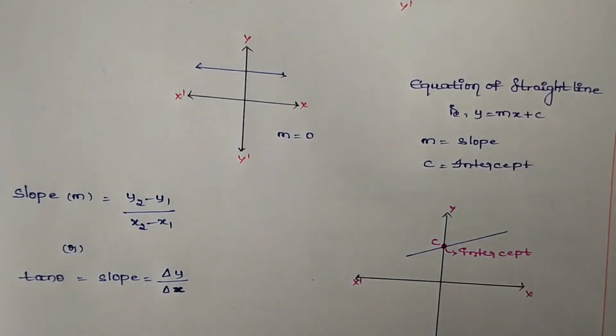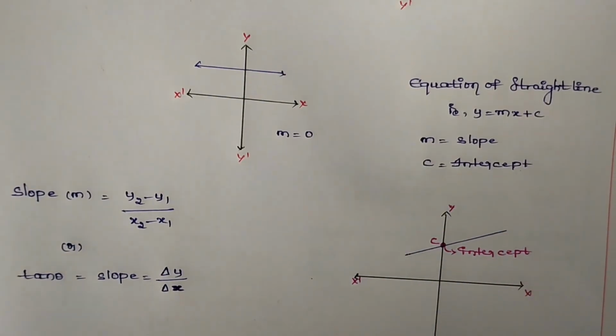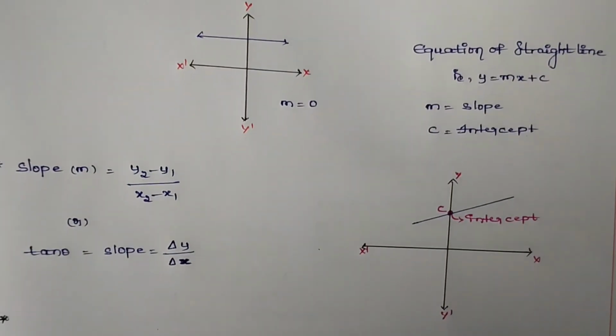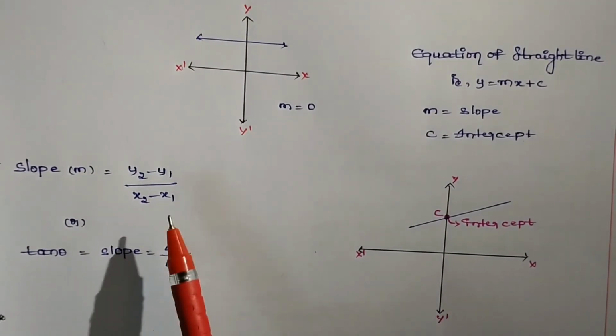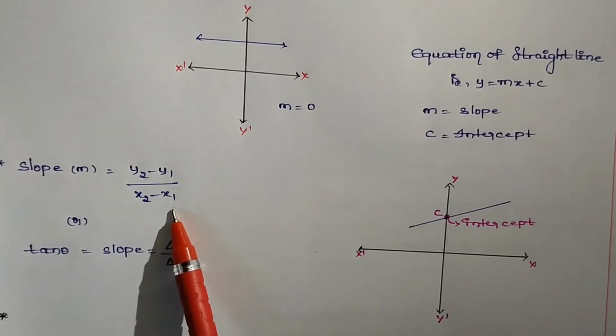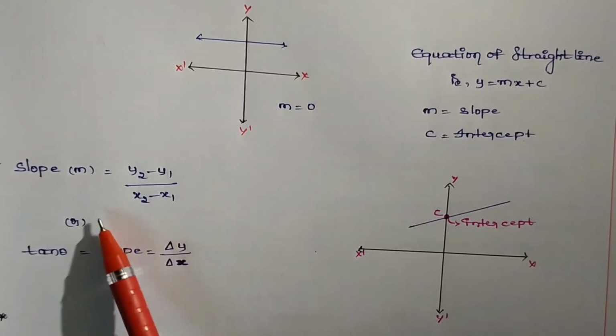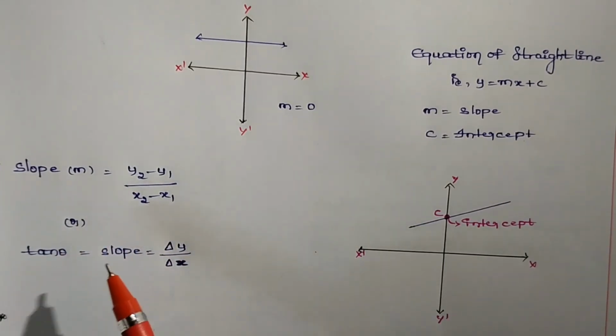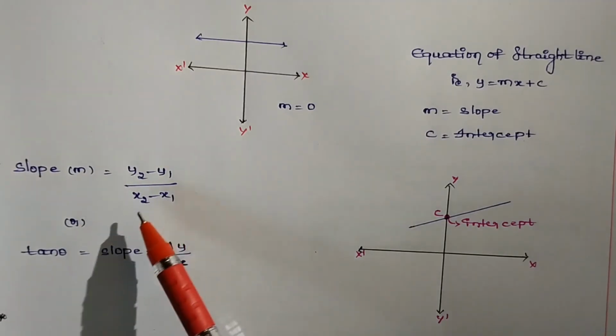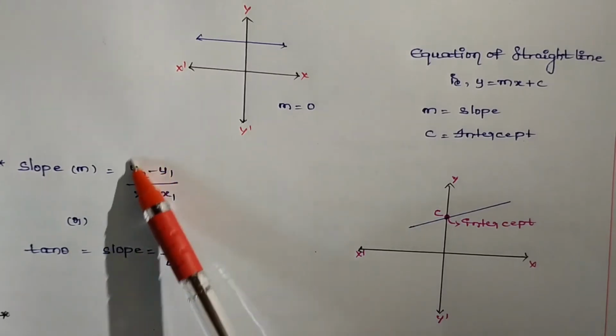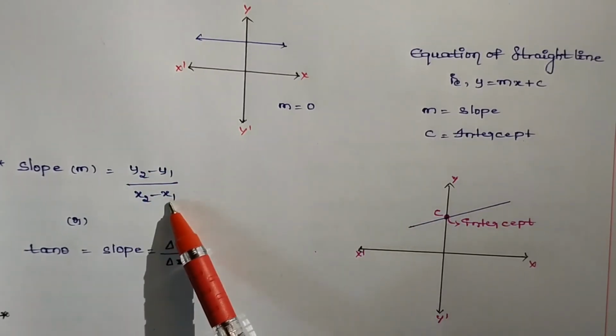And another thing is the common formula used for slope: slope is equal to y2 minus y1 by x2 minus x1. Here m is the slope, and we are taking the coordinates x1, y1 and x2, y2. This is the change in the y-axis and this is the change in the x-axis.